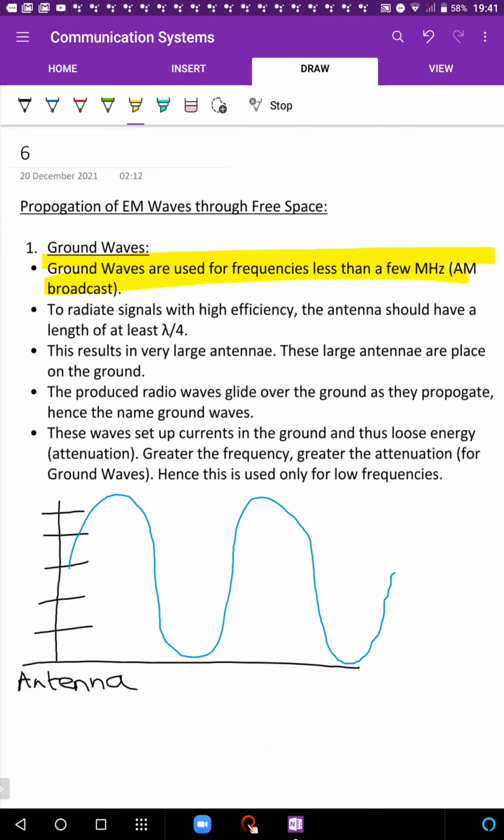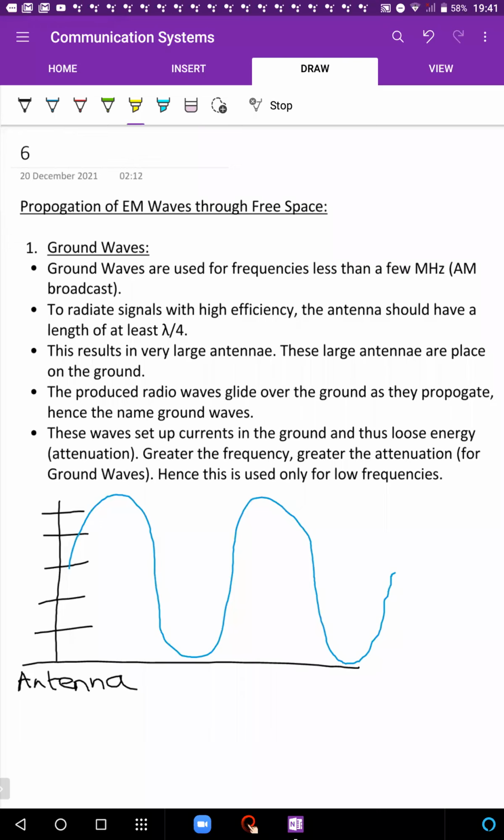That's your hint. We just saw that 1.5 megahertz is the max frequency for AM waves. So clearly ground waves is what AM broadcast will use.